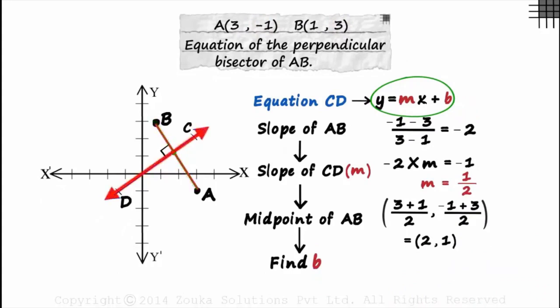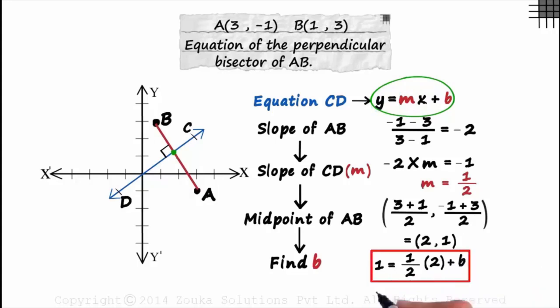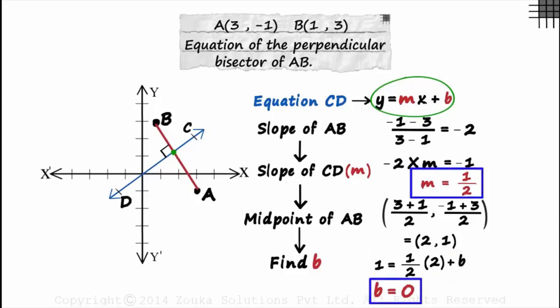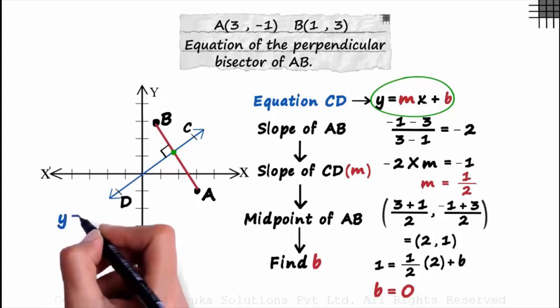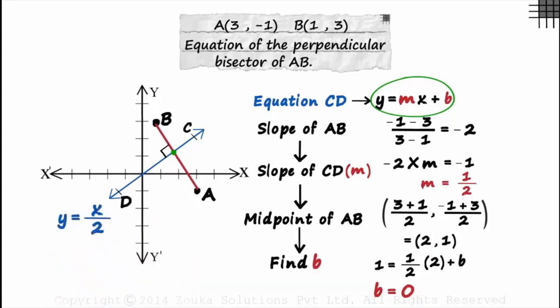So we have the midpoint of AB and the slope of CD. Now substitute the point and the slope into the formula y equals mx plus b. So we get the value of b is null. So the equation of the perpendicular bisector of AB, we can write as y equals a half x.